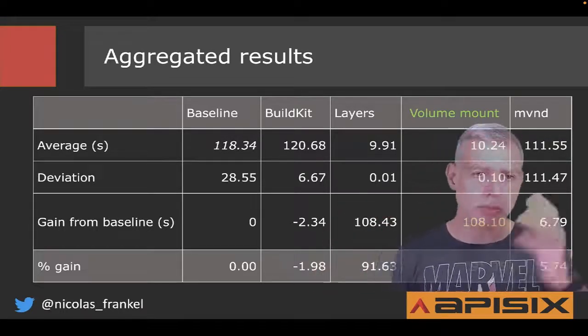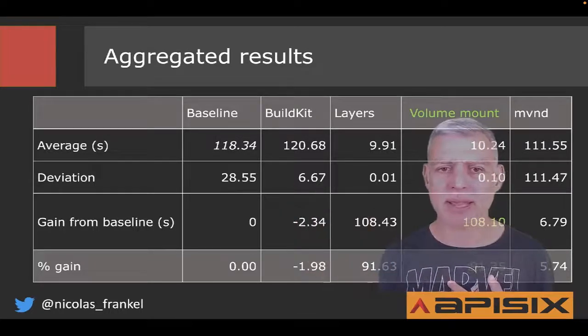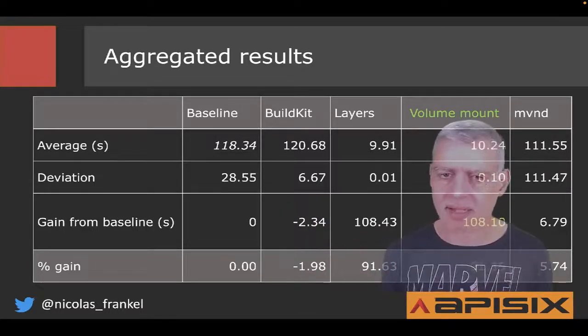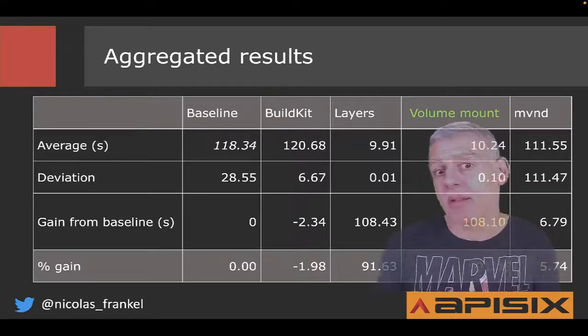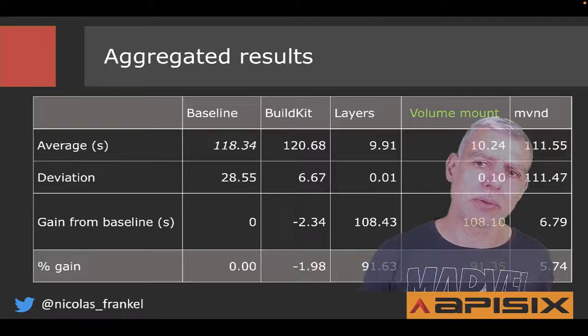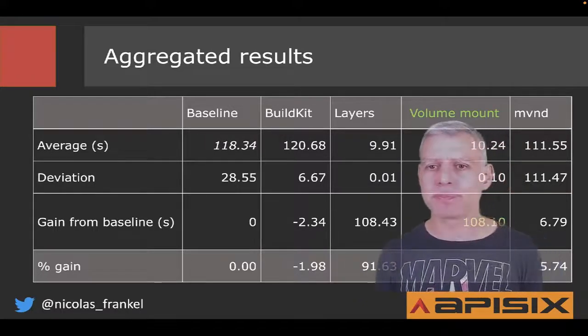You will be back to normal build time. With the volume mount, you don't care about how you organize your layers, the dependencies are cached. You can change a single one, and all the others are kept. You don't need to download them.